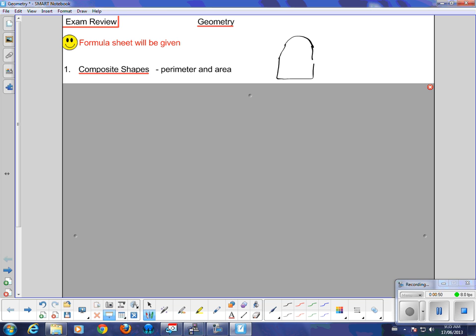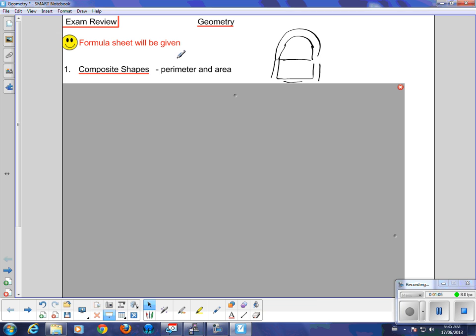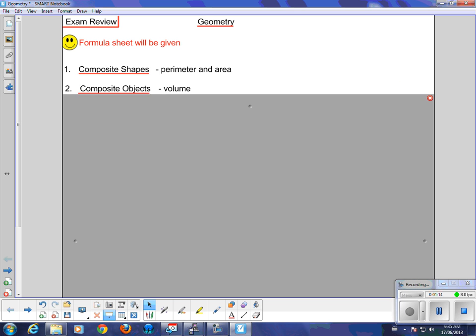So you could see that I'd want part of this, this, but not the top part of a rectangle. And I would want half of a circle's circumference. Okay, so just be very cautious of what shapes are involved. The same has to do with area. Just make sure that you identify the shapes and use your formulas.